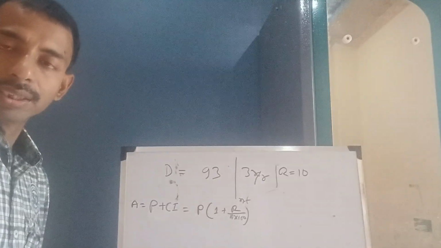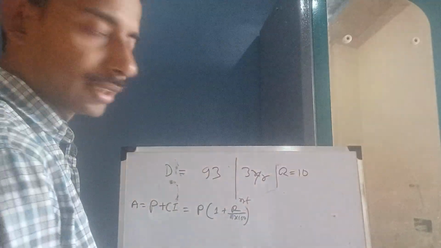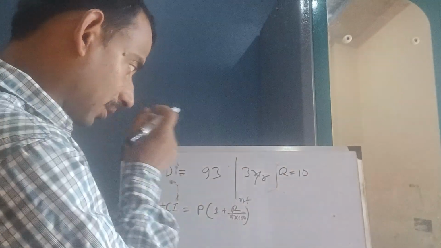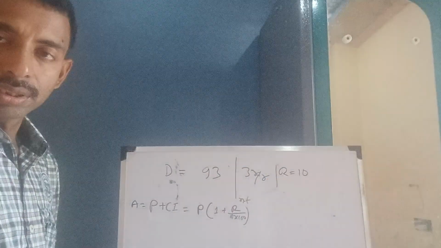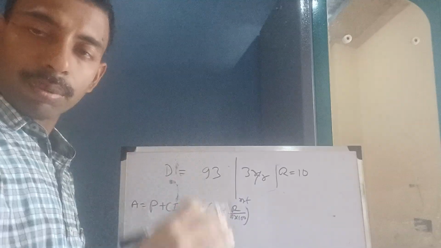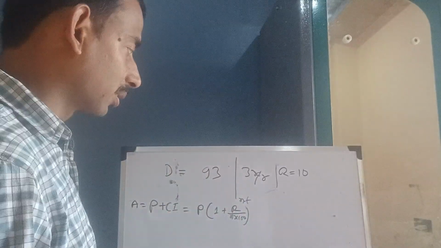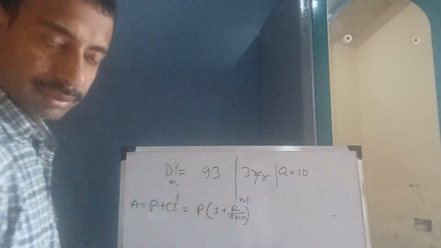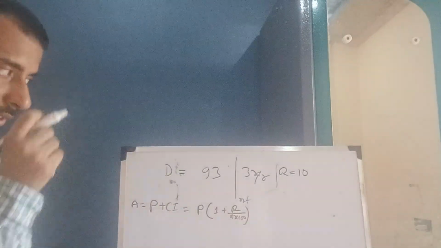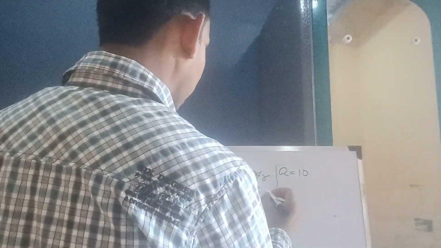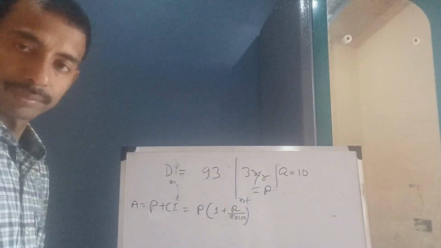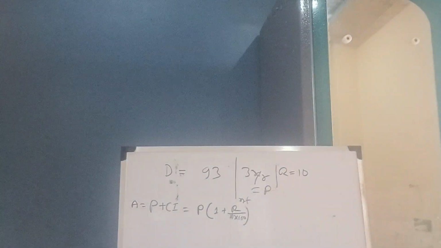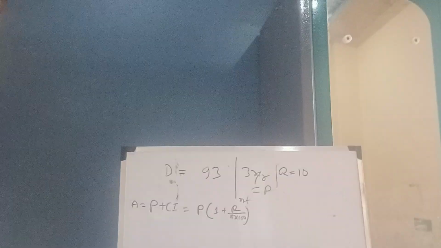In a simple way, the question says that for a certain principal, the difference between compound interest and simple interest for 3 years at a rate of interest of 10 equals 93. You have to find out the principal.